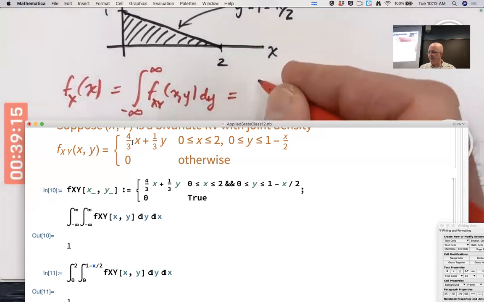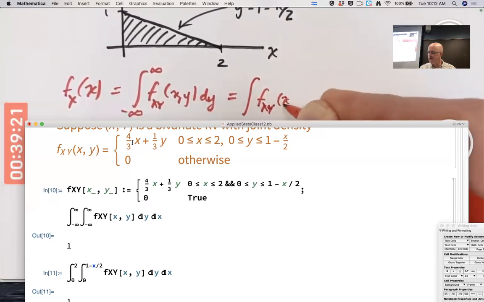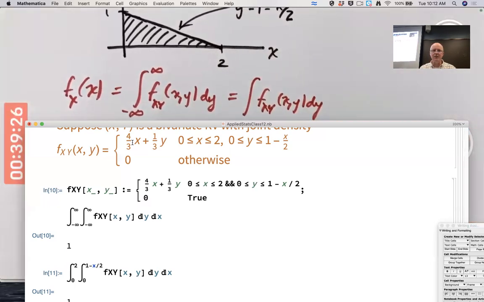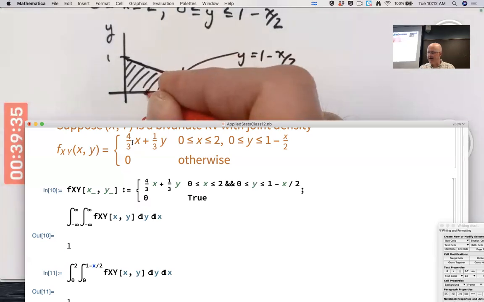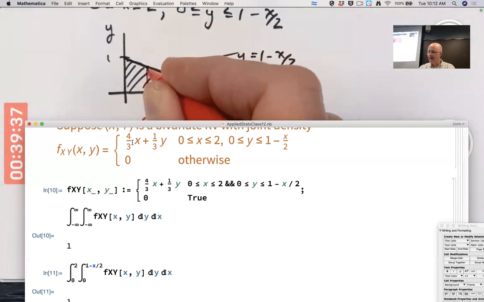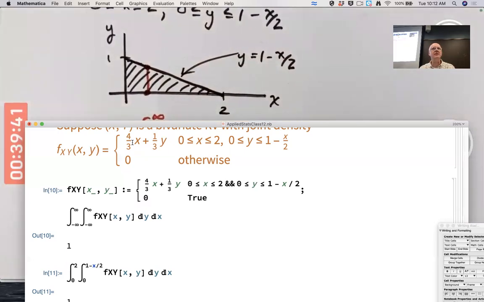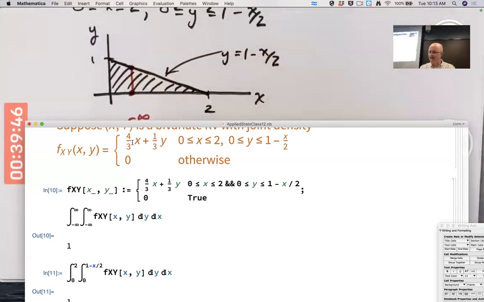However, for purposes of computation for this example, I want to imagine when doing this integral that X is fixed. And just like before, when I'm looking at the triangular region and imagine X to be fixed, Y varies between the second coordinates of these points, from 0 up to the second coordinate of that point, which depends on X. It's 1 minus X over 2.